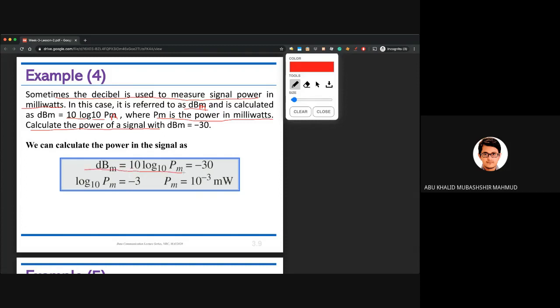So this is the formula to find the milliwatts, and this is the value given right here. And then in the next line, we take this portion. I'm going to show you some calculation, so please bear with me.